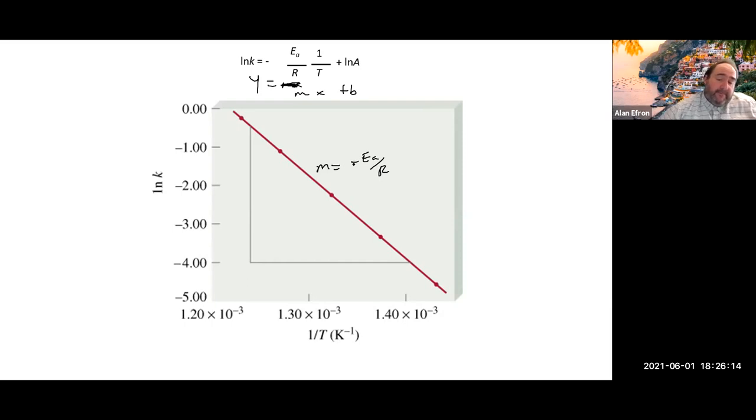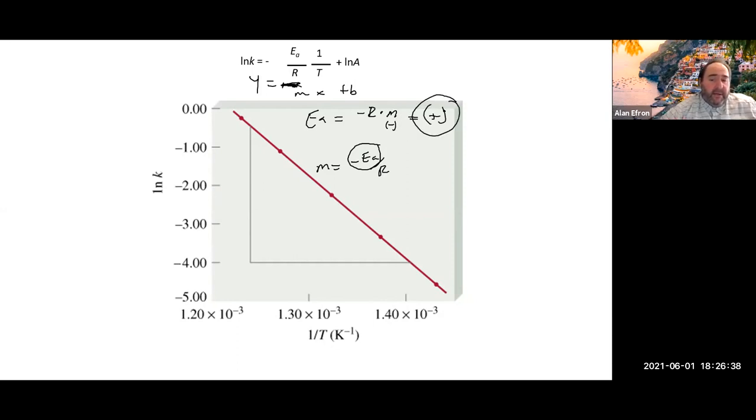And what you will end up with is you could get the slope of that line. And graphically, you would be able to determine the activation energy. The activation energy would equal minus R times m. Since this line has a negative slope to begin with, the negative and the negative will turn our activation energy into a positive number.